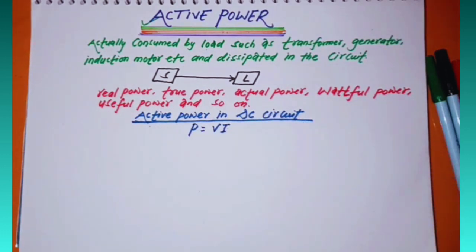Because in DC circuit there is no phase angle difference between current and voltage. In other words, there is no frequency or power factor.